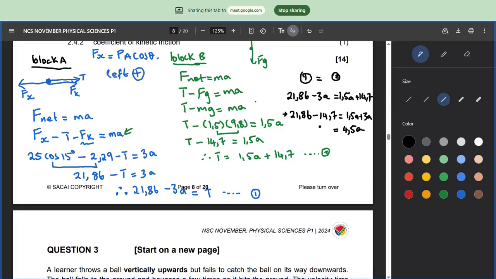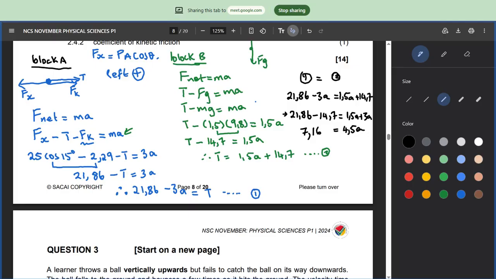Then you subtract 21.86 minus 14.7. So 21 minus 14, that's 7. And 0.86, it's something. What do you get? So I must work out 21.86 minus 14.7, which is 7.16.